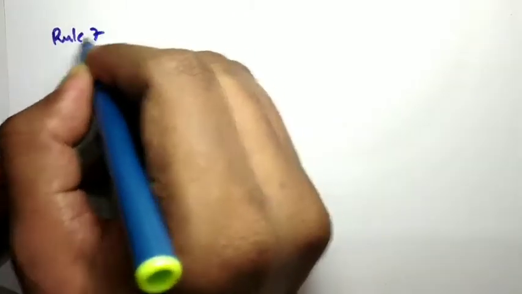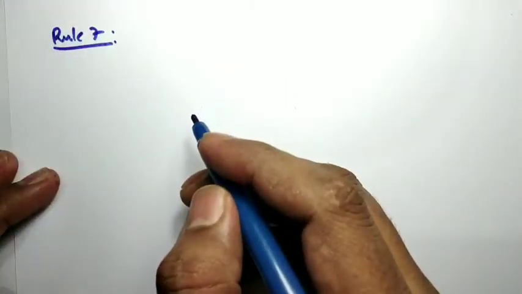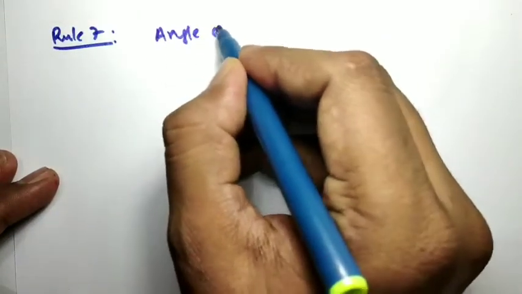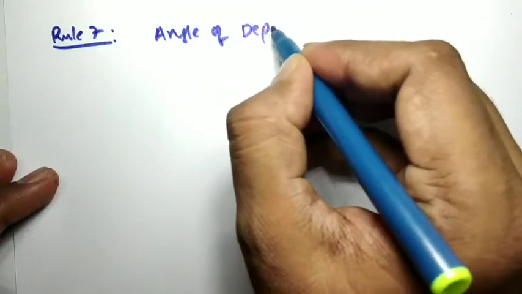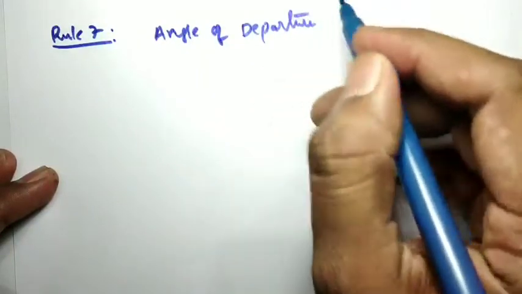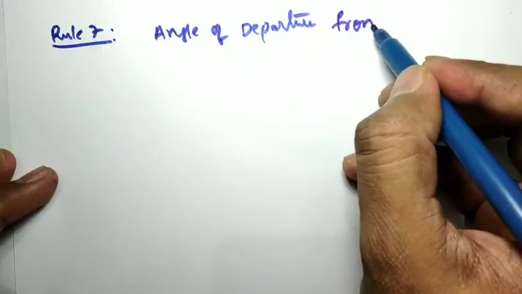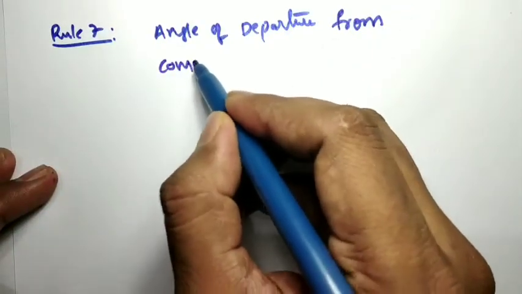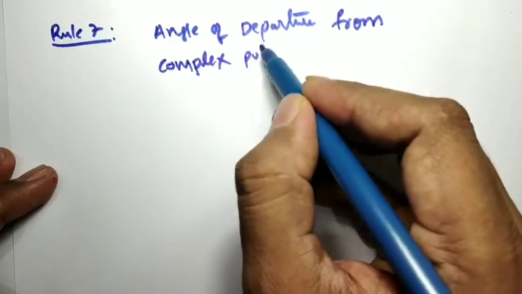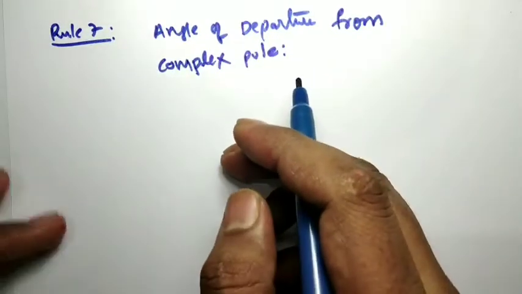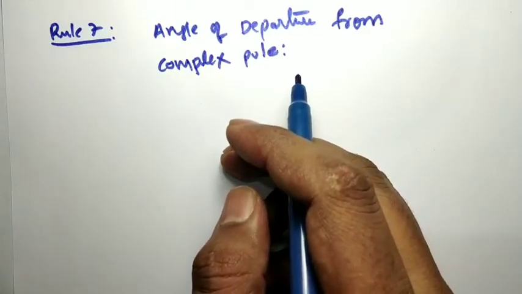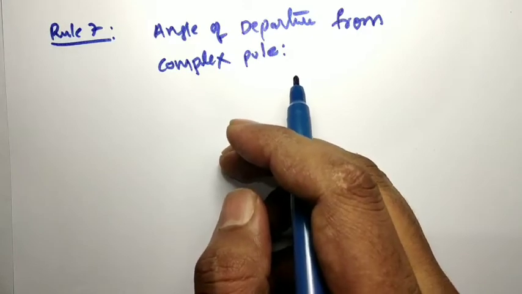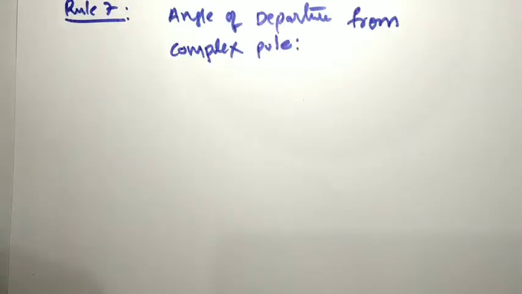Now the 7th rule: angle of departure from a complex pole. Let us see how we are going to find the angle of departure with one small example.